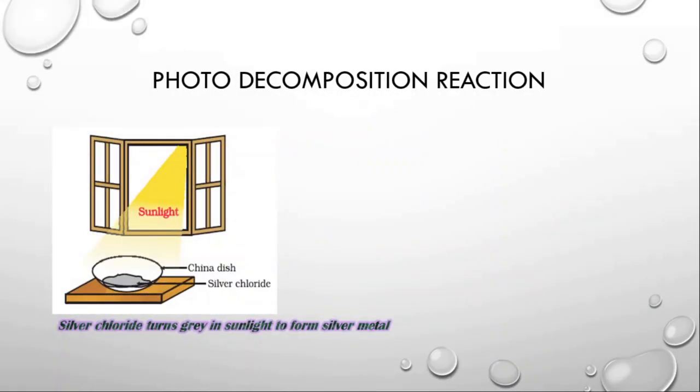Next is the decomposition reaction using sunlight as the source. In the presence of sunlight, this silver chloride, which is initially white in color, changes into gray, the color of the silver metal.